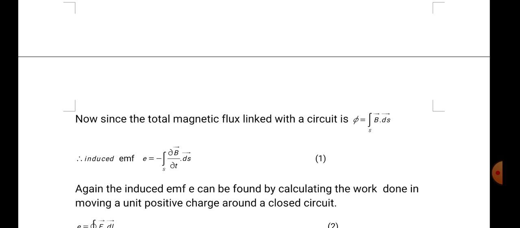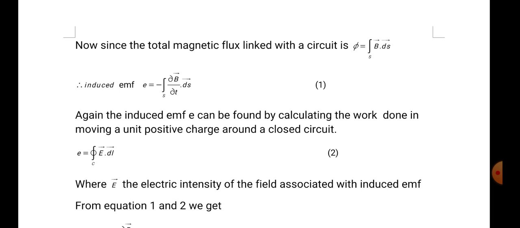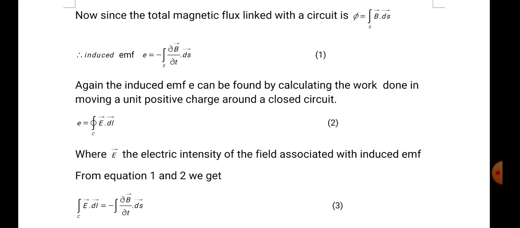The induced EMF E is equal to minus d by dt of the surface integral of B dot ds bar. Again, the induced EMF E can be found by calculating the work done in moving a unit positive charge around a closed circuit. E is equal to the closed integration of E bar dot dl bar, where E bar is the electric field intensity associated with the induced EMF.